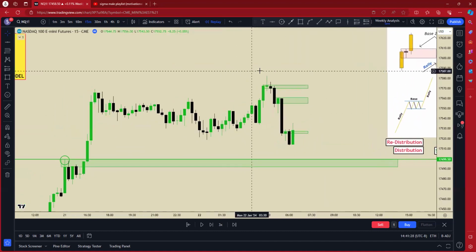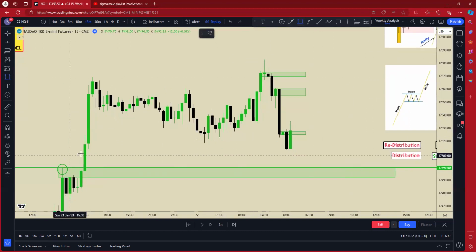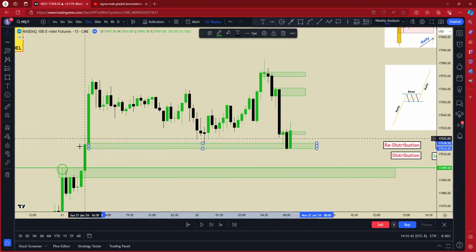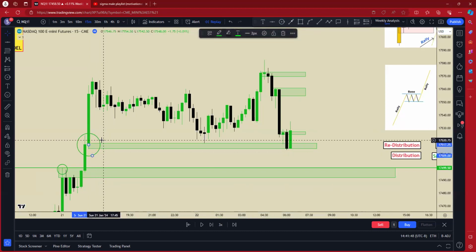So, and then we want to zoom in a little bit here. We can see we have another wick right here on this big block here, right? So if we go straight to the body and grab the wick of that candle, this one right here, we can actually grab a rally-base-rally, right?